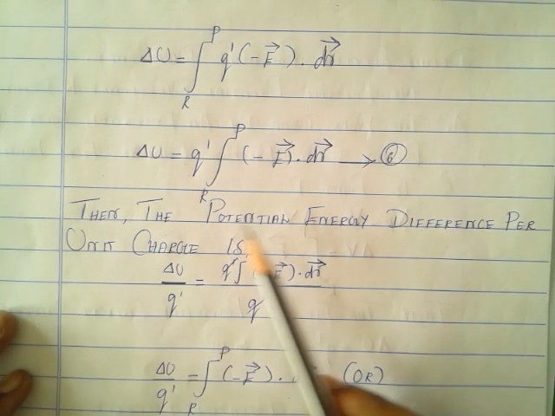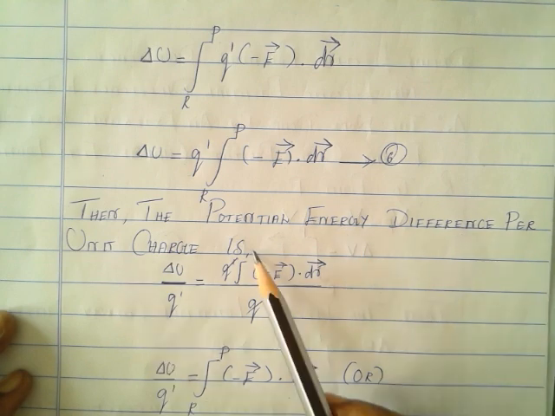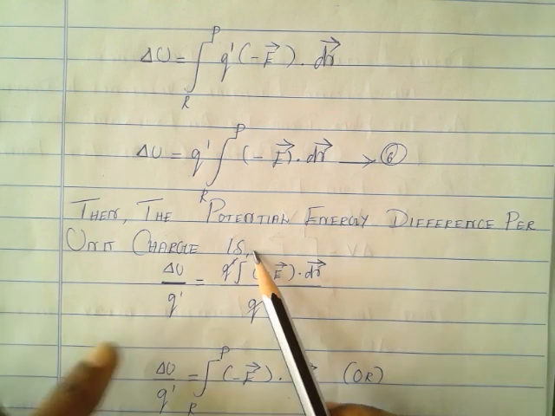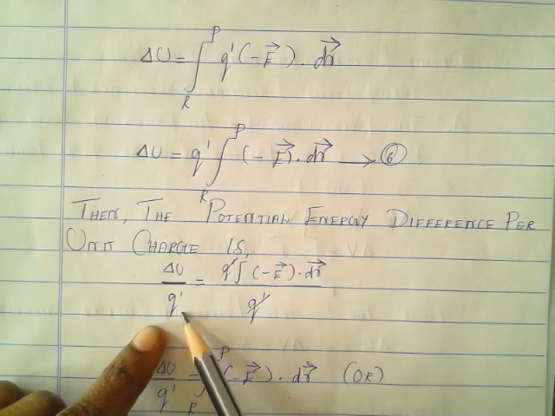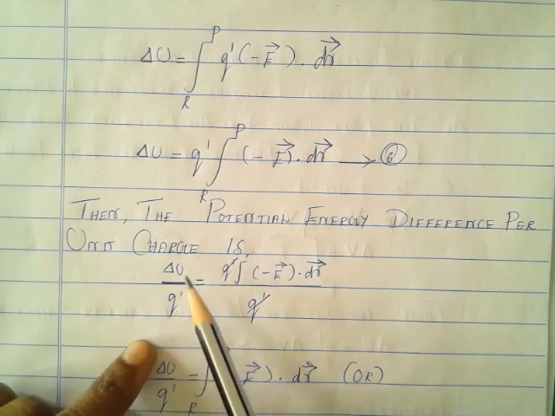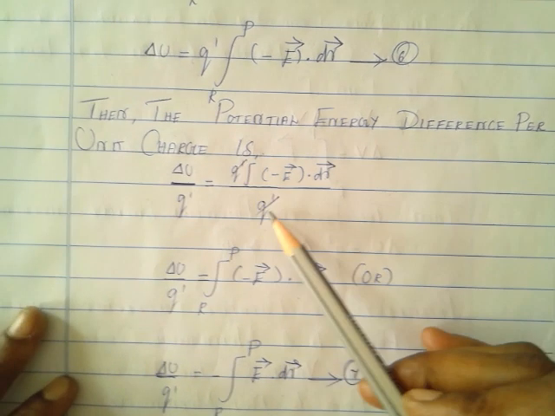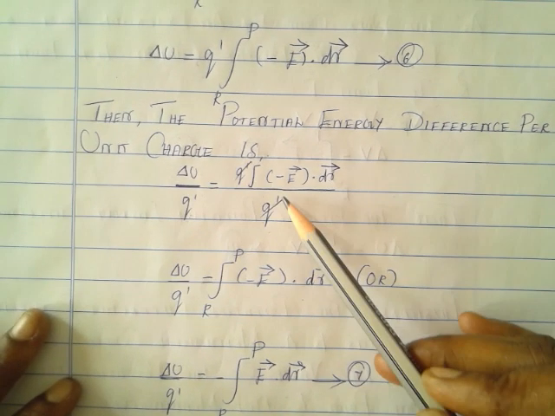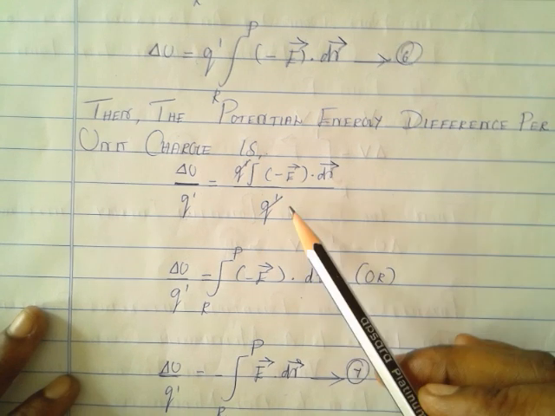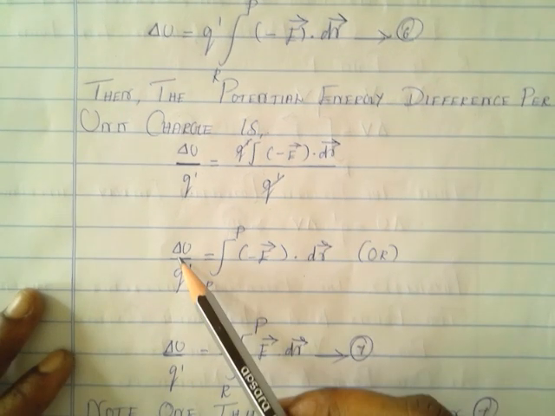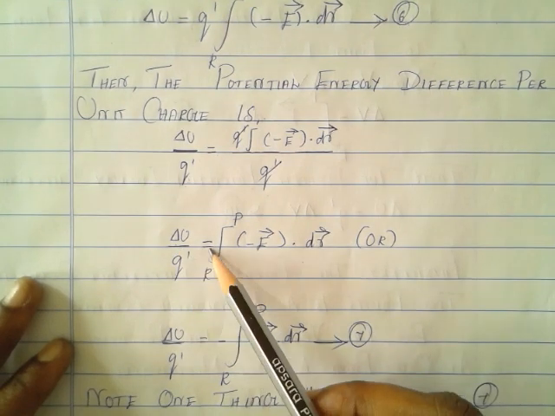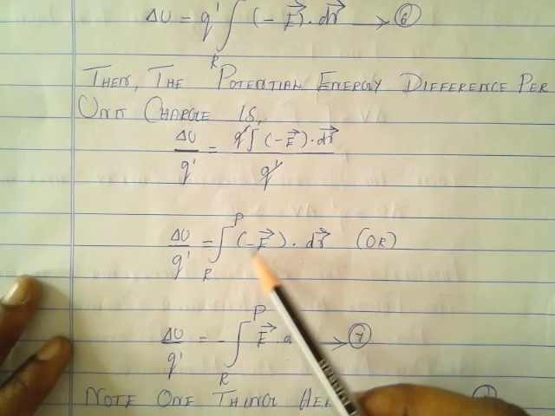Then the potential energy difference per unit charge: I am going to divide this expression by q dash. Then del U by q dash is equal to this whole term divided by q dash. On the right side, q dash and q dash cancel. The remaining is del U divided by q dash is equal to integral R to P of minus E vector dot dr vector.